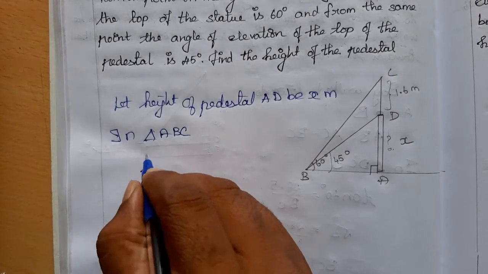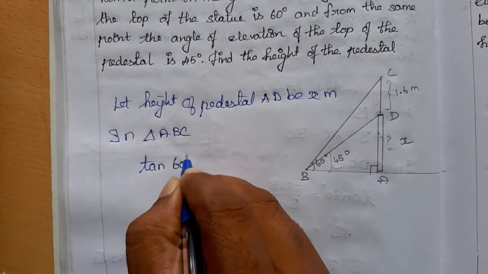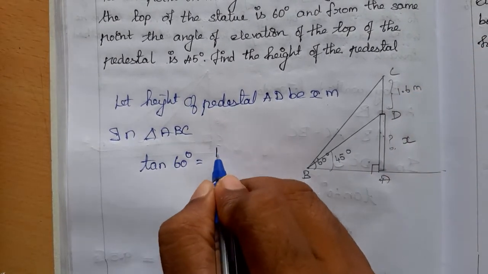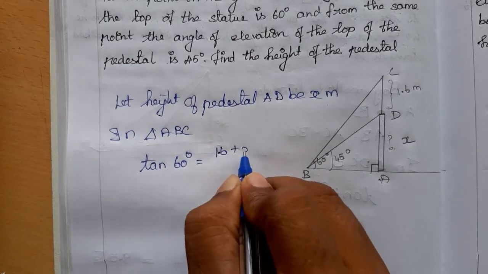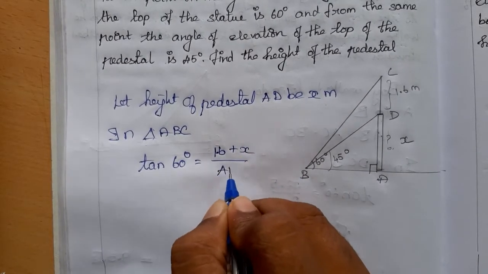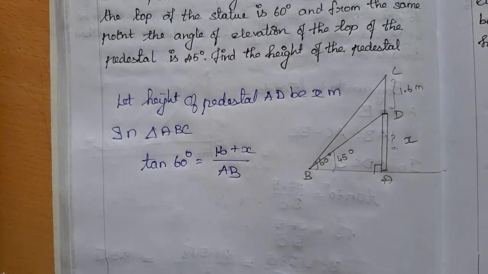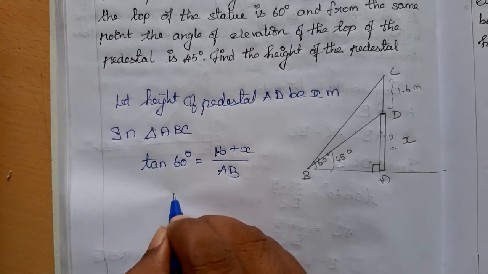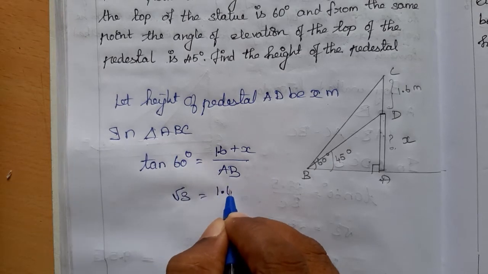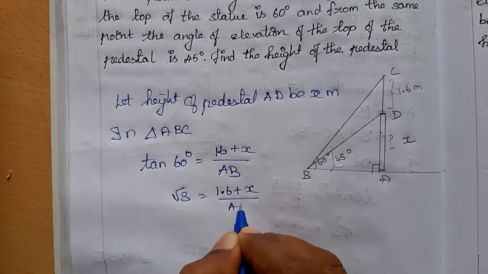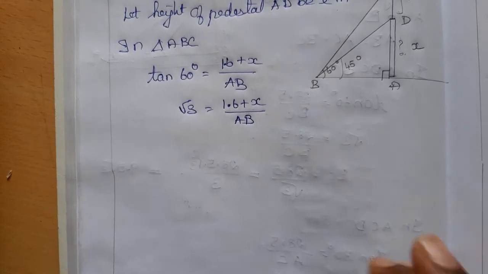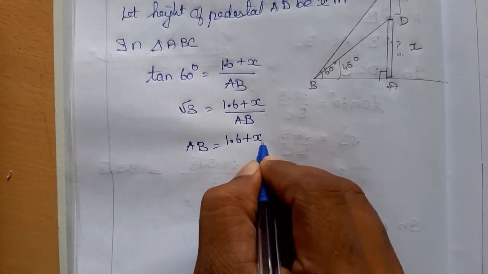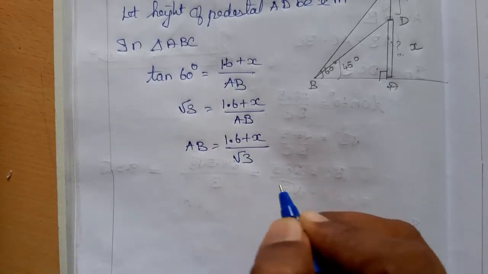It involves tan. So tan 60 degree is equal to the opposite, 1.6 plus X, divided by AB, since we have to find the full length, and tan 60 degree is square root of 3. The square root of 3 is equal to 1.6 plus X divided by AB. So AB is equal to 1.6 plus X divided by square root of 3.